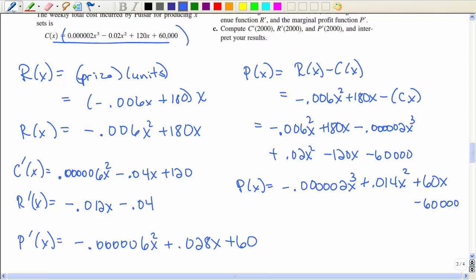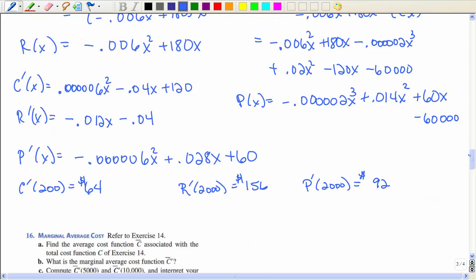And then it wants us to substitute in 2,000 for all of those. So plugging in 2,000 into each of our marginal functions, we have a marginal cost of $64, marginal revenue of $156, so that gives a marginal profit of $92.